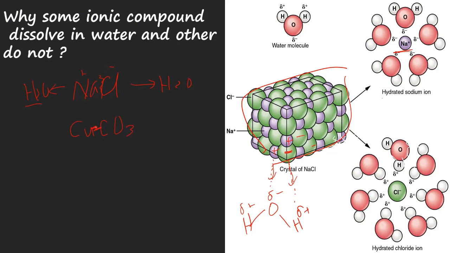Their bond is so strong that water molecules try to pull them apart, but they don't break up, they don't dissociate, which means that it will not dissolve. So not all the ionic compounds dissolve. The ionic compounds where the cation and anion electrostatic forces are very strong will not dissociate.